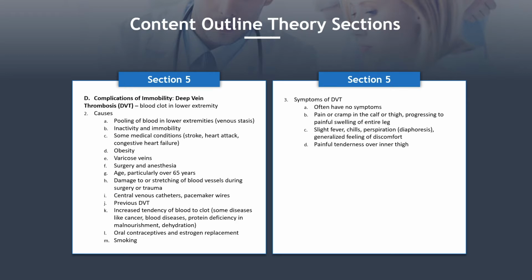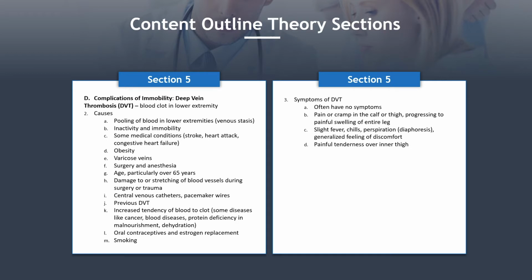Some medical conditions, such as a stroke, heart attack, congestive heart failure, obesity, varicose veins, surgery and anesthesia, age, particularly over 65 years, damage to or stretching of blood vessels during surgery or trauma, central venous catheters, pacemaker wires, previous DVT, increased tendency of blood to clot, some diseases like cancer, blood diseases, protein deficiency and malnourishment and dehydration, oral contraceptives and estrogen replacement, and smoking.